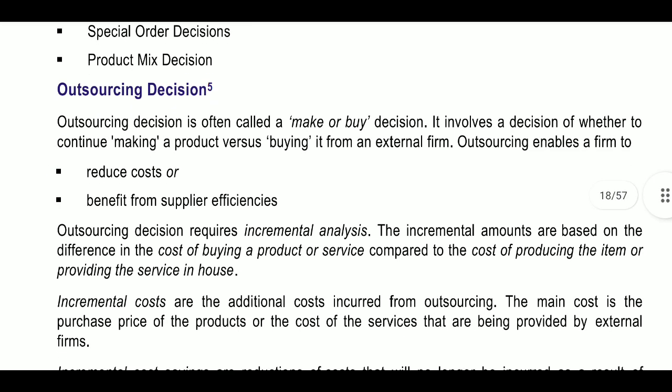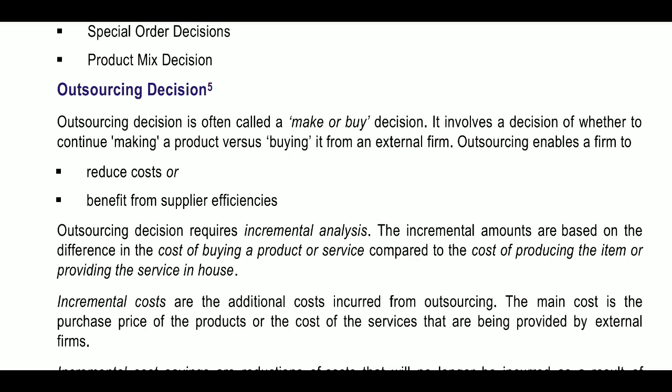That is, it must reduce the cost and benefit from supplier efficiency. Then we will go for outsourcing decision. So when we have reduced our cost and it benefits from supplier efficiency, then only we will go for outsourcing. Otherwise we will manufacture on our own.